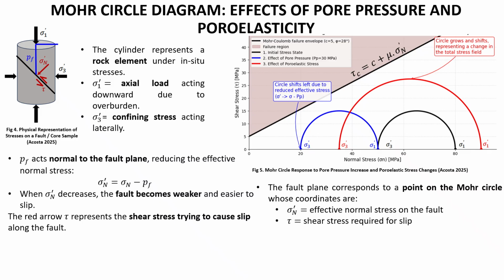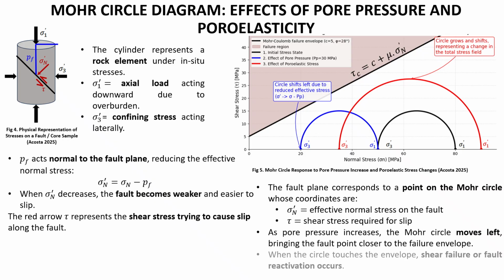This is because the effective normal stresses decrease everywhere, as we saw in the equation on the left hand side of the plot. This shift alone moves the fault point closer to failure because it reduces the resistance to shear.